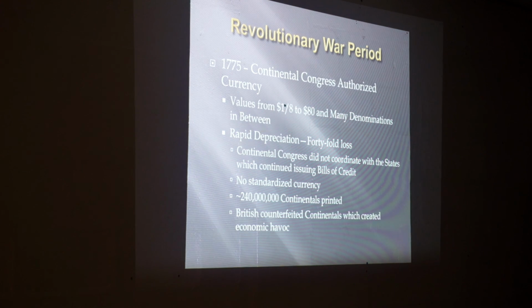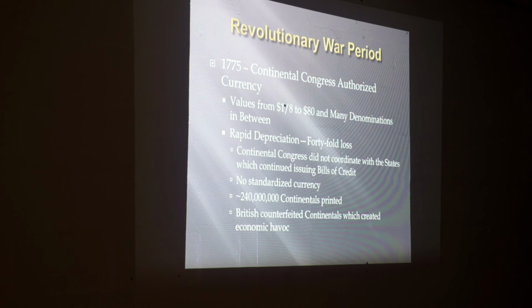So the Continental Congress met in 1775 twice and realized that they needed currency. So they began to issue, produce the Continental dollars. There were two emissions. The first one had denominations ranging from 1/3 of a dollar up to $20.